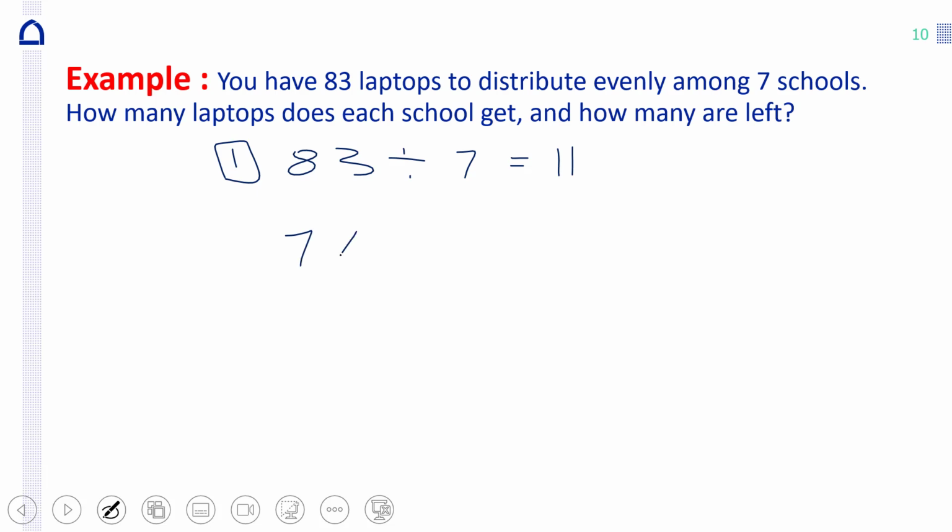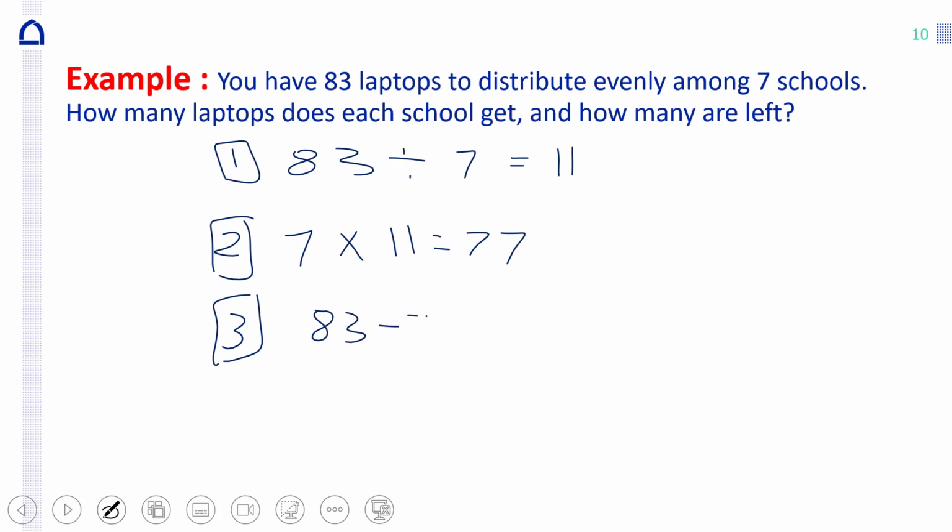I try 7 times 11, I have 77. The third step is to get the remainder: 83 minus 77 will be what? Yeah, I hear you, 6. I'm sure the remainder should be less than the divisor, right?